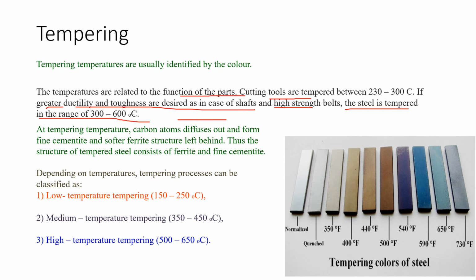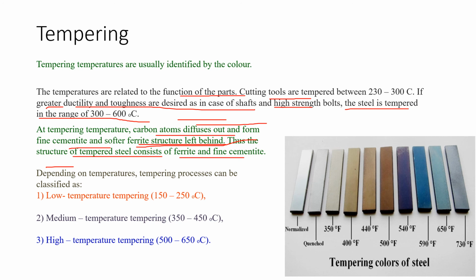At tempering temperature, carbon atoms diffuse out and a fine cementite and soft ferrite structure is left behind. Thus, the structure of tempered steel consists of ferrite and fine cementite.